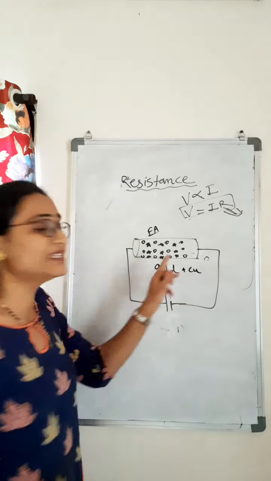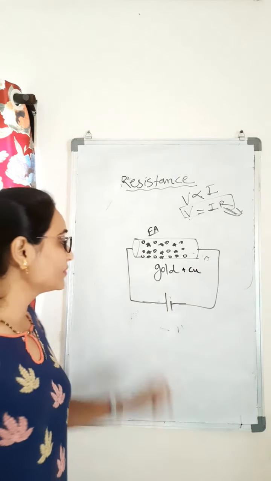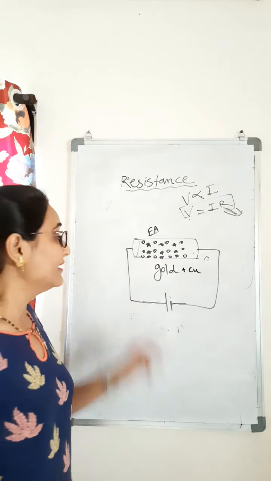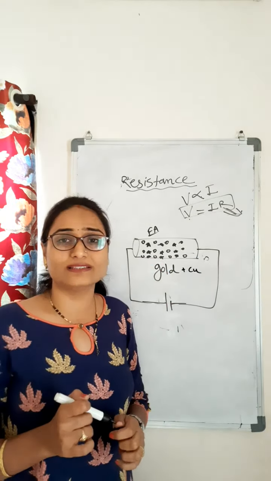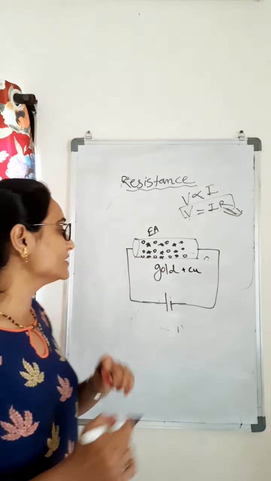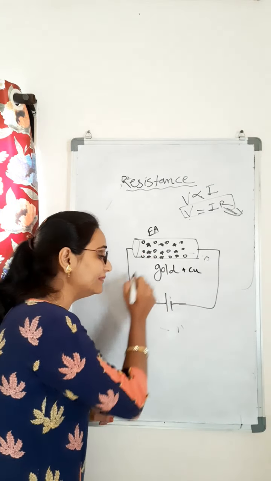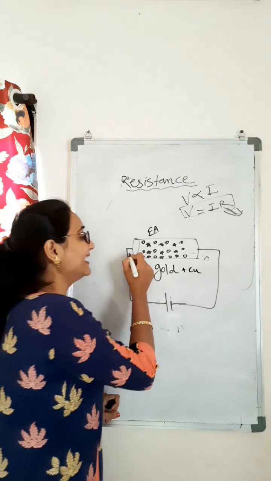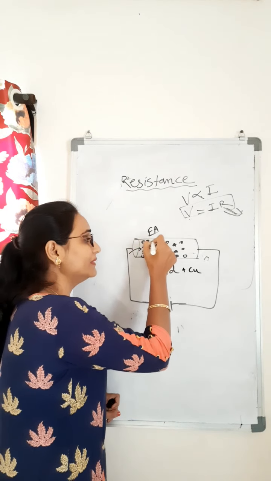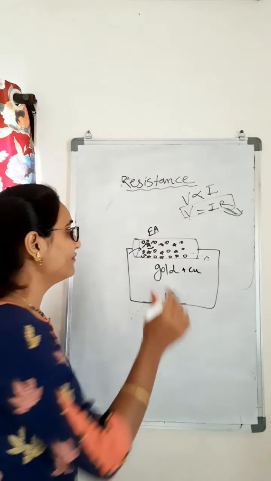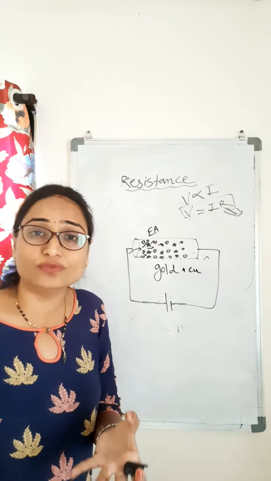And as soon as I connect the ends of this conductor to the battery, a potential difference will be created. If atoms are there, definitely the electrons are there, right? As soon as I connect the battery to this conductor, electrons start moving randomly. Which electrons will move?